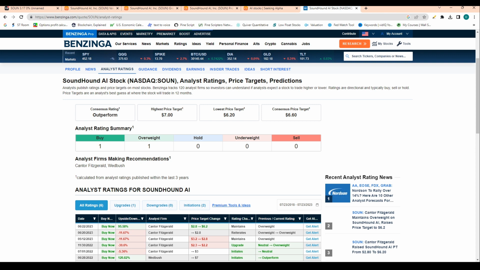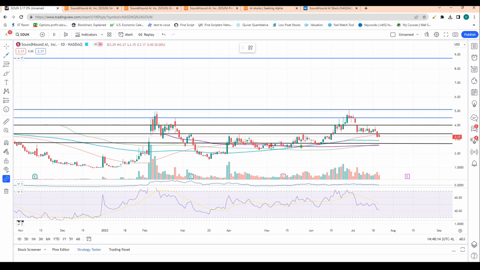So Wall Street's bullish. Growth numbers look great. Profitability looks great. I do think we're in a spot on the chart where we could start to bottom as we come down to this $2.90, $2.70 buying zone. I think this is probably a spot where shares bottom, reverse, and start to turn higher over the coming weeks.